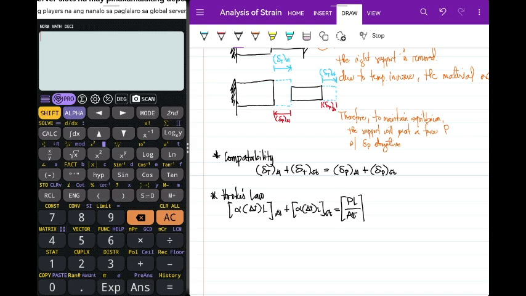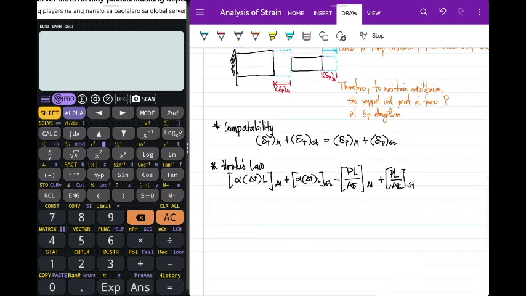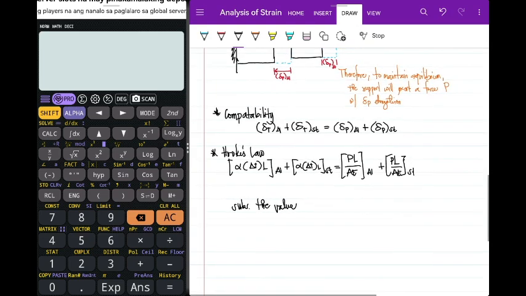Therefore, our compatibility is that the entire thermal elongation term for both aluminum and steel is equal to the elongation term for our internal force, as you can notice in the compatibility equation provided in the video.